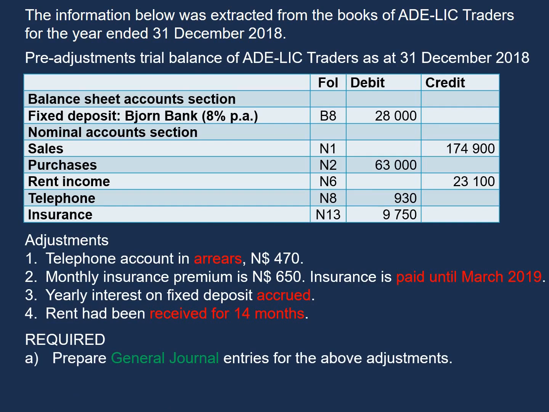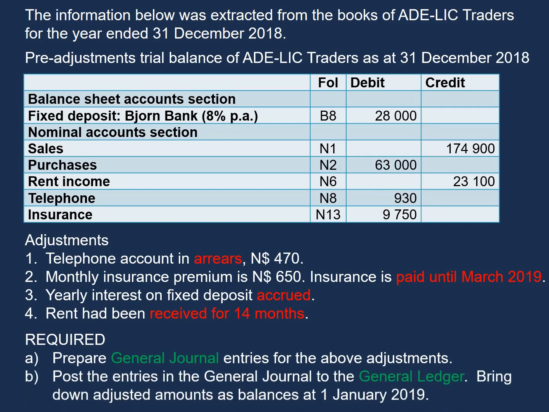What's required is to prepare the general journal entries for the above adjustments and to post the entries in the general journal to the general ledger and bring down the adjusted amounts as at 1 January 2019.